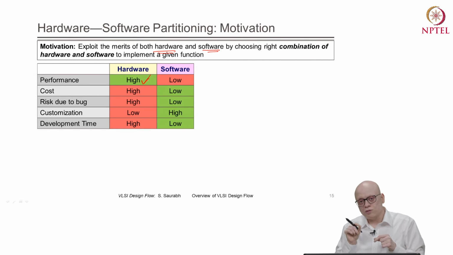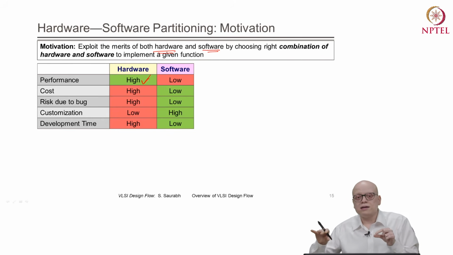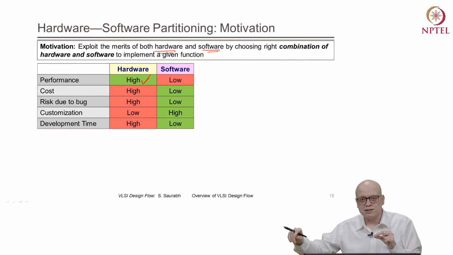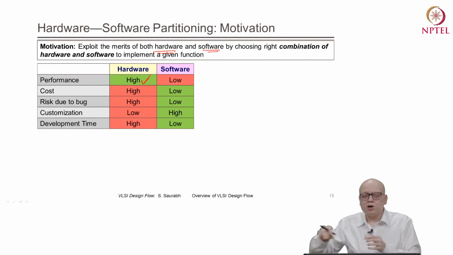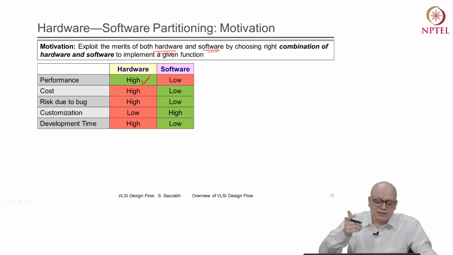If we look at software running on a processor, assuming the processor runs in a sequential manner, taking one instruction, processing it and giving the result, there is sequential operation for the software, but for hardware a lot of parallelization can be done. That is the biggest merit of hardware: it can deliver very high performance. Now what are the good things about software? The good thing about software is that the development of software is much easier.